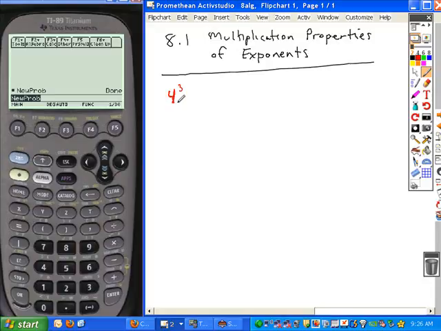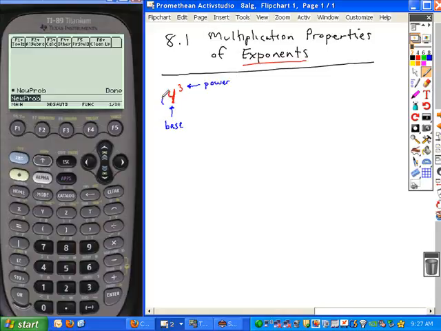Okay, first of all, just a review. We're going to talk about multiplication properties of exponents. So let's talk about an exponent and review that. Okay, when you're looking at this exponent, if you hear the way that I'll refer to things, this number I'll often refer to as the base, and this number I'll often refer to as a power.